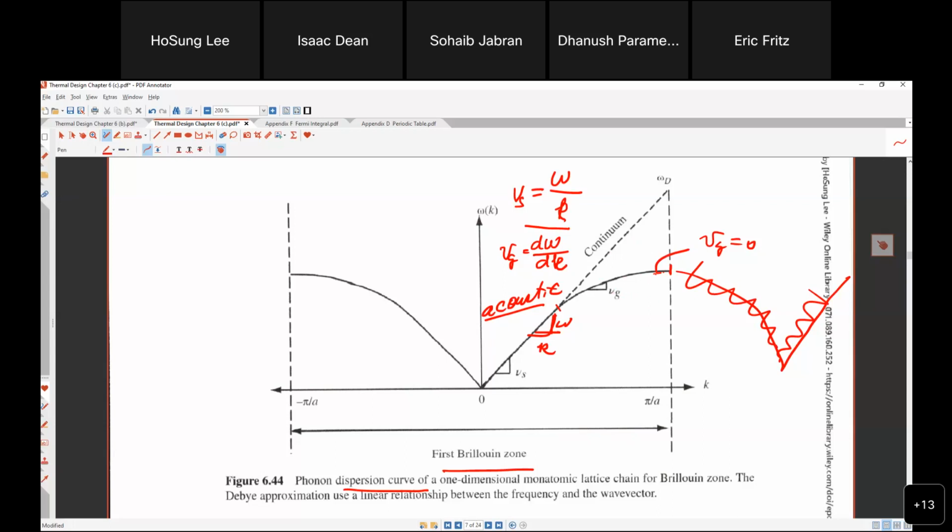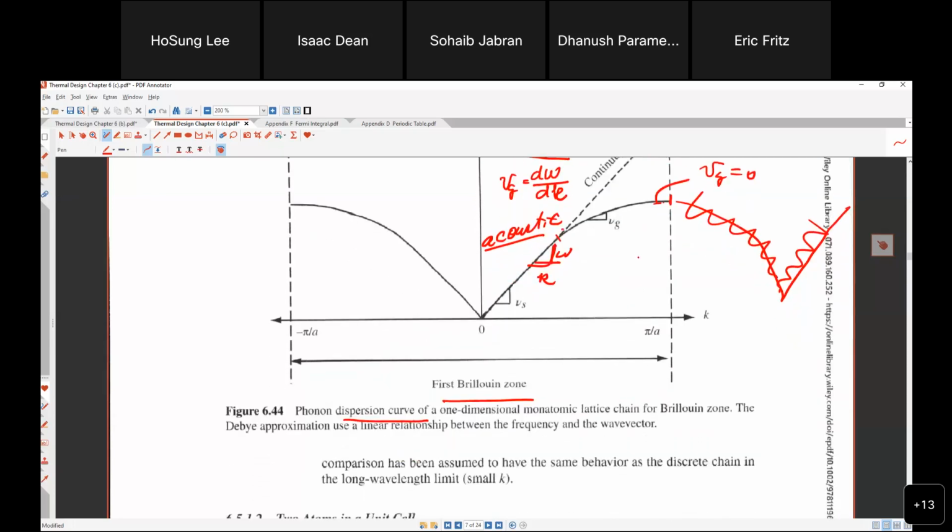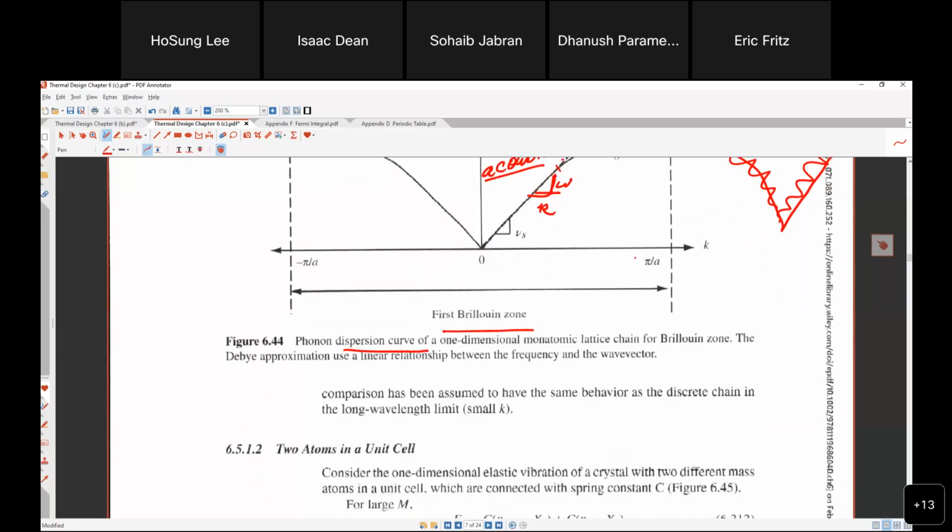So Debye actually assumed a linear dispersion and then a boundary, which they call the Debye frequency assumption, and then assuming linear and calculating. But still, it works very well. That's a very smart idea.